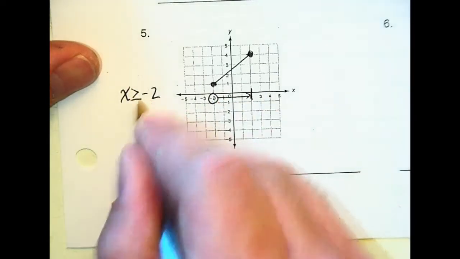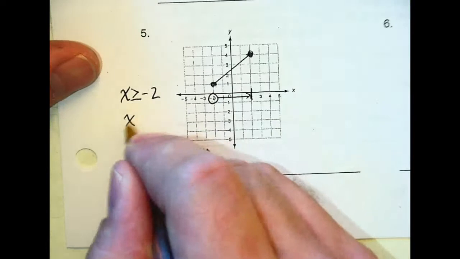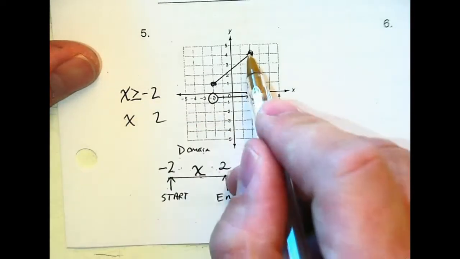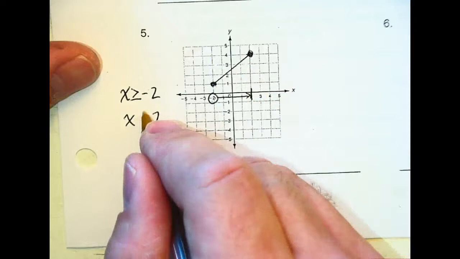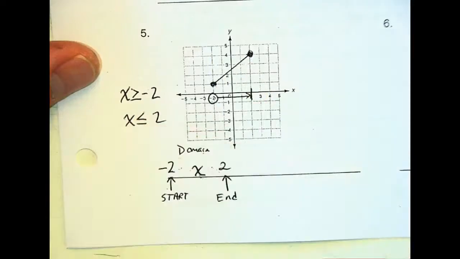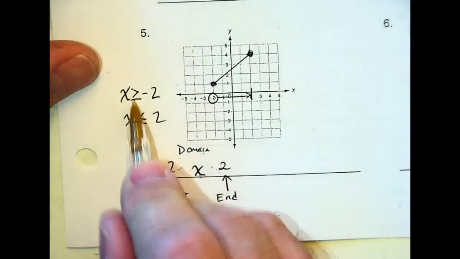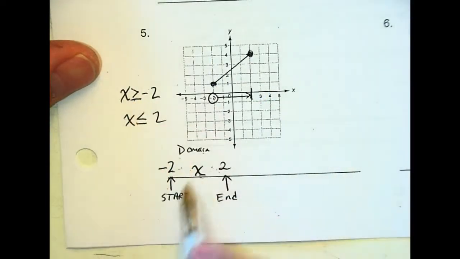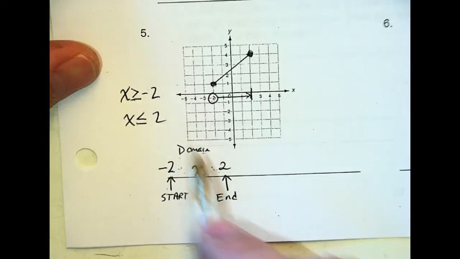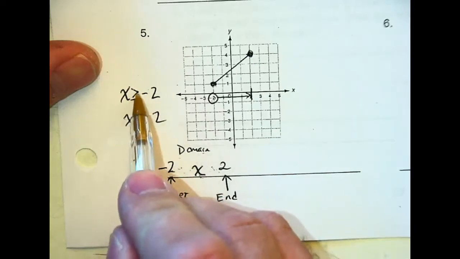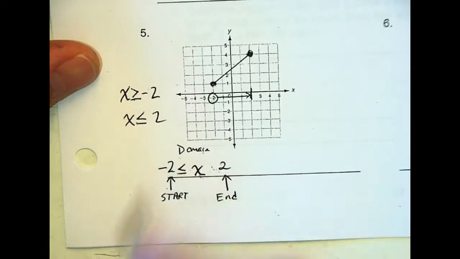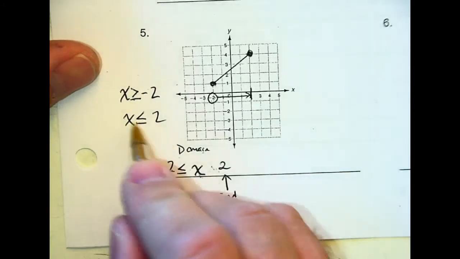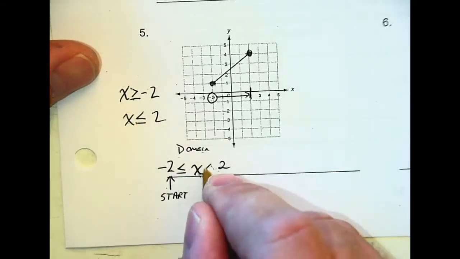In terms of the 2, if we're at 2, are we getting bigger on the x or less? Less. So x has to be less than or equal to 2. Notice these arrows now. The reason I wrote it like this is because it makes writing it like this easier. This arrow is pointing at the -2, so my arrow has to point at the -2. This arrow is pointing at the x. That is my domain.